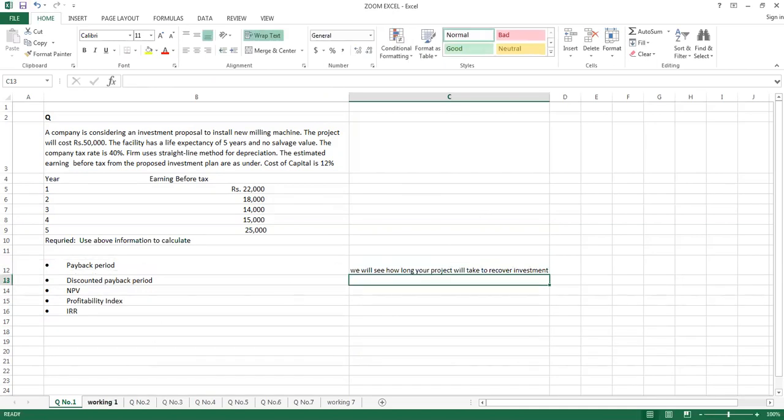To do this, we need two pieces of information: one is the cash outflow and the other is the cash inflows.